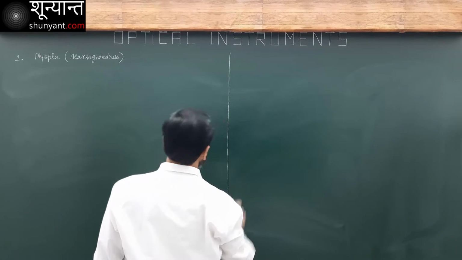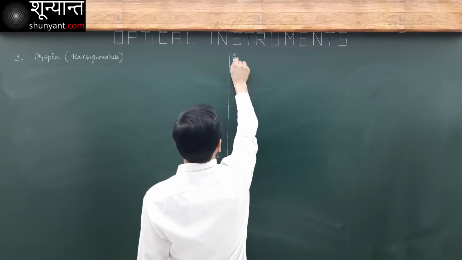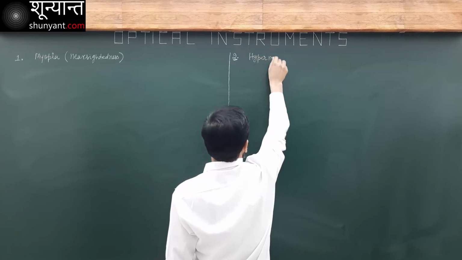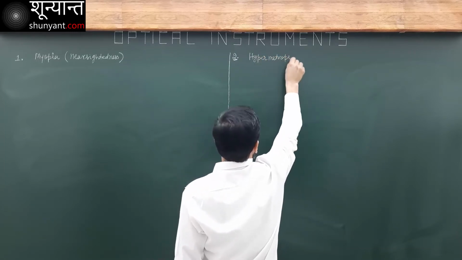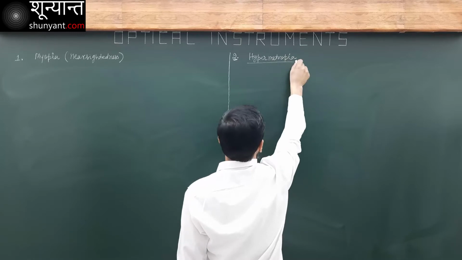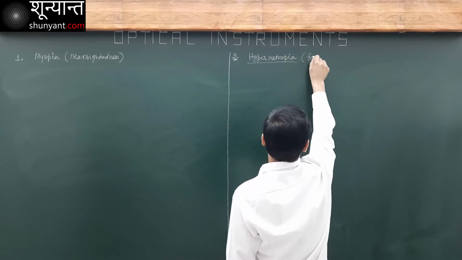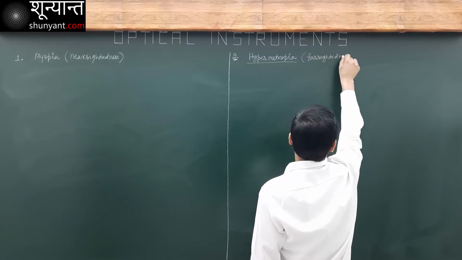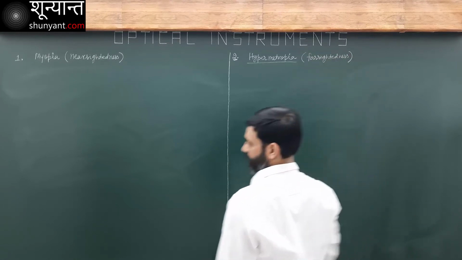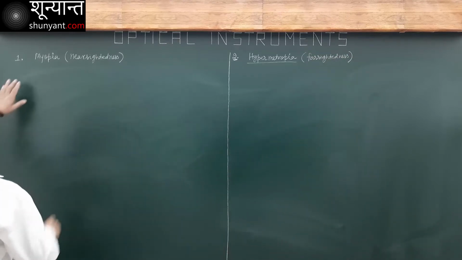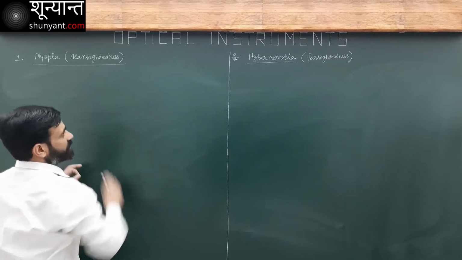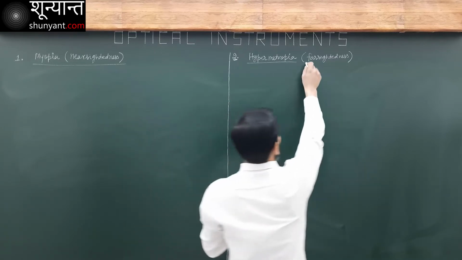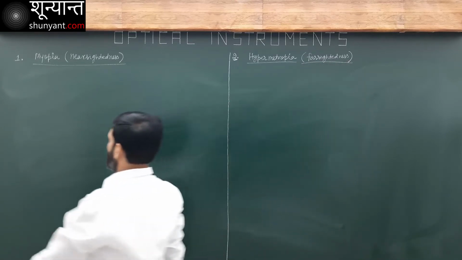The second defect is called hypermetropia. This is farsightedness. Okay, myopia, nearsightedness, hypermetropia, farsightedness. Okay, let's see what they are.